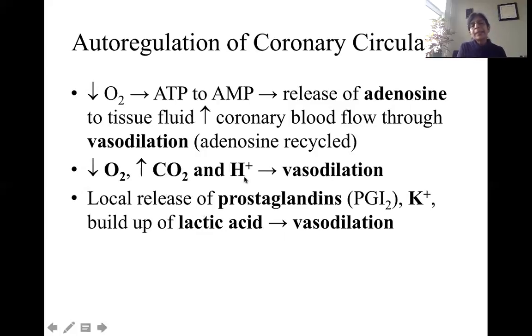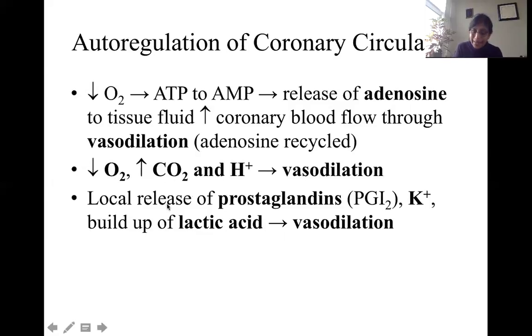The mechanism that's involved is too detailed for us to discuss here, but just know that acidic condition can be set because of the buildup of CO2 and buildup of hydrogen ion. All of that could cause vasodilation. All right, so that's good news.